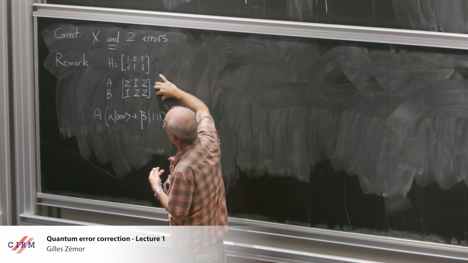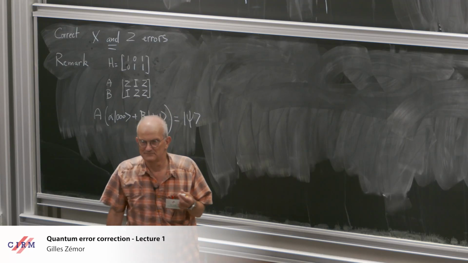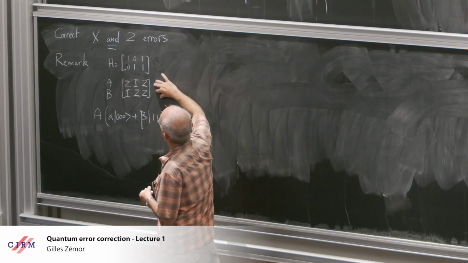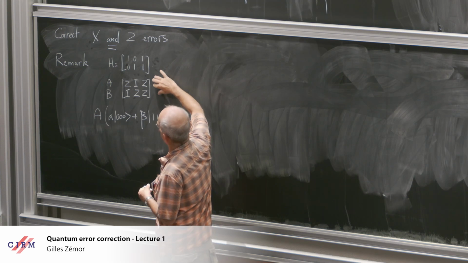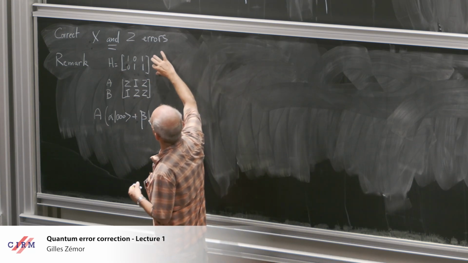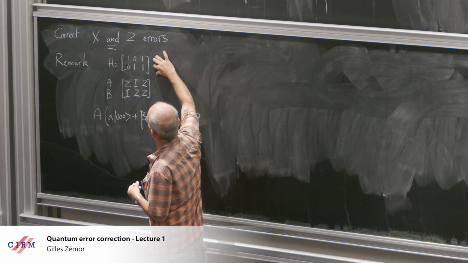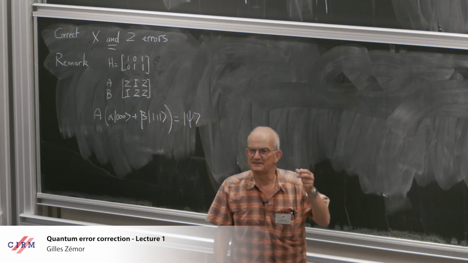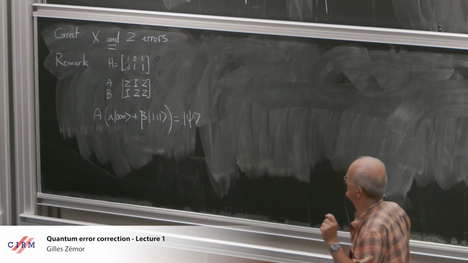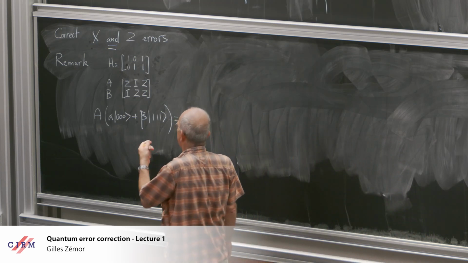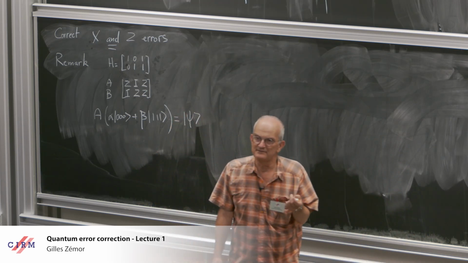And it turns out that this has something to do with being stabilized by these two operators that are some sort of translation of our classical matrix here. Notice that these two operators only contain identities and Z's. And this is something that enabled us to correct X errors.